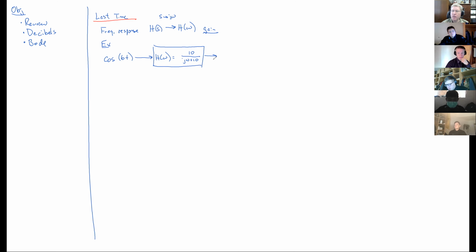And so if we put in a cosine in, what do we have to get out of it? Jonathan? A cosine? It has to be a cosine. And the only difference is that this cosine, the frequency has to be the same. So the only two things that are going to be different are its magnitude and its phase.